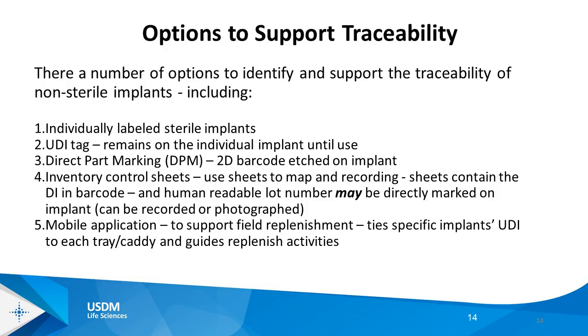And packaging them in a sterile package and distributing them is probably the simplest solution. And again, some mix of these along with, at least we believe, a mobile application, as I talked about for our UDI Connect tool, is one that will also be part of what manufacturers will use to become compliant.